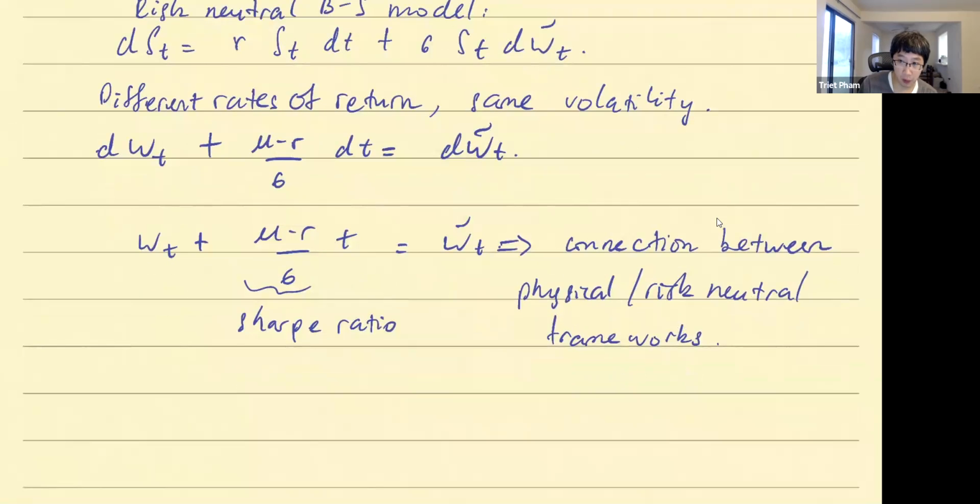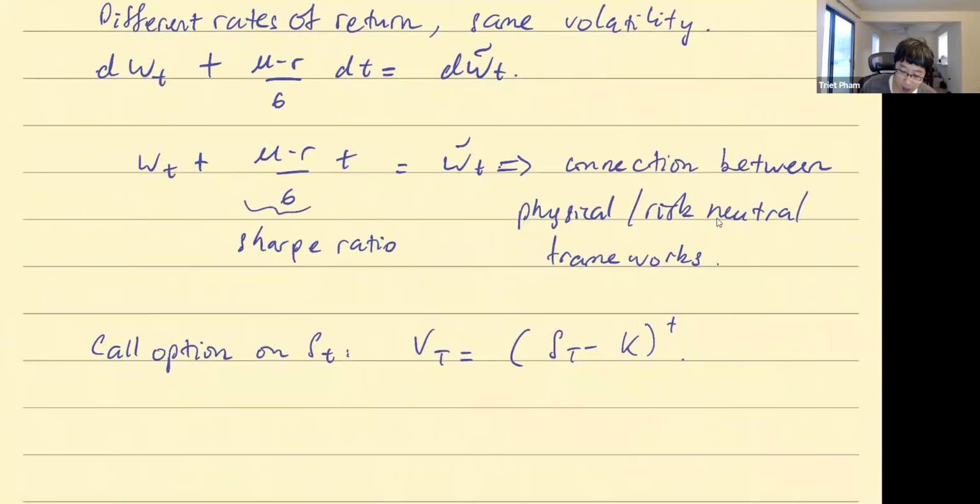So after we set up all this framework, we can look at the call option on the stock, where the value of the call option is (S_T minus K)^+. And so the risk neutral pricing says that V_0 is the risk neutral expectation.